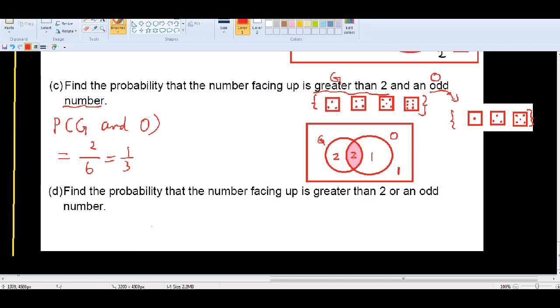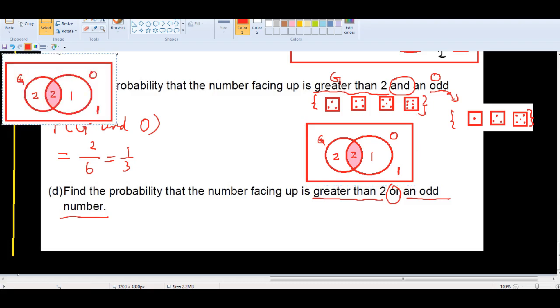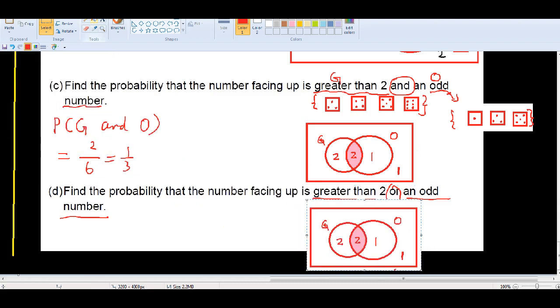So the last one, find the probability that the number facing up is greater than 2, but this time it's or. Last time was and. Oh, sorry, I forgot to.